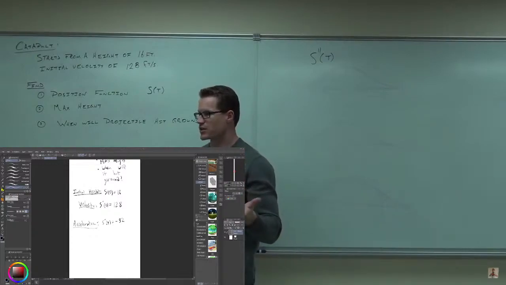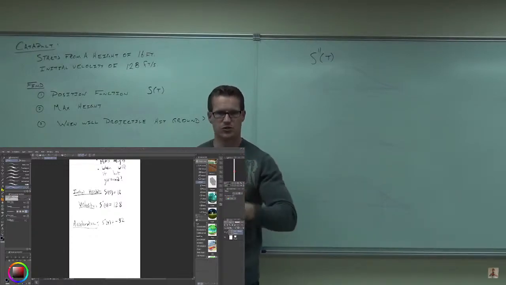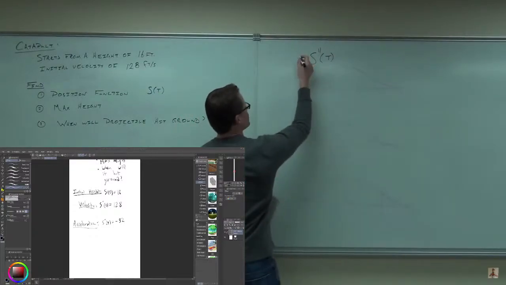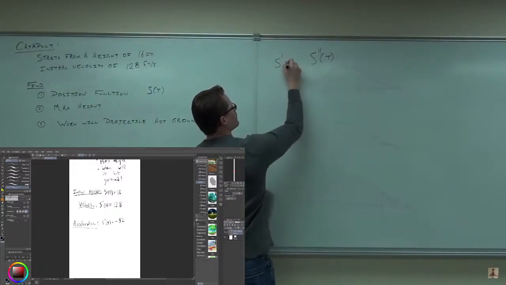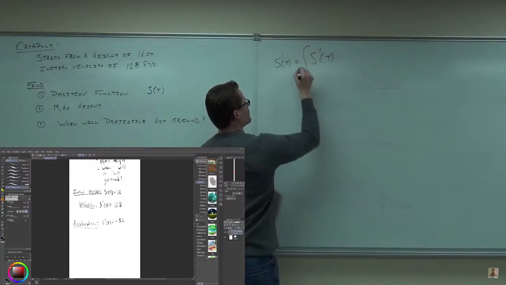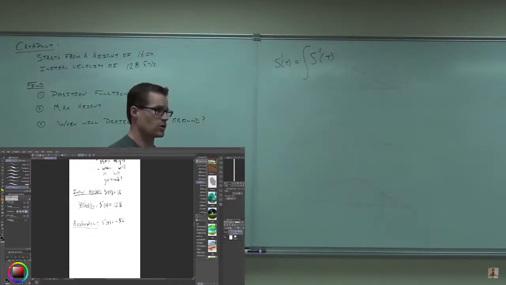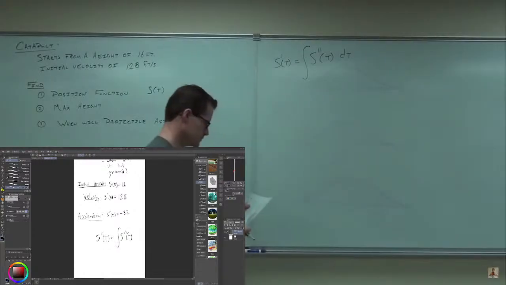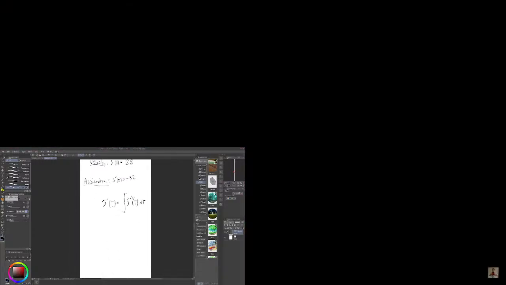If we integrate the second derivative, it must give us the first derivative. Does that make sense? Well, it's kind of an interesting concept, and that's going to work for us. So here's what we know. S prime of t is going to be the integral of s double prime of t. The first derivative is the integral of the second derivative. And of course you need a dt. Are you okay with that one?